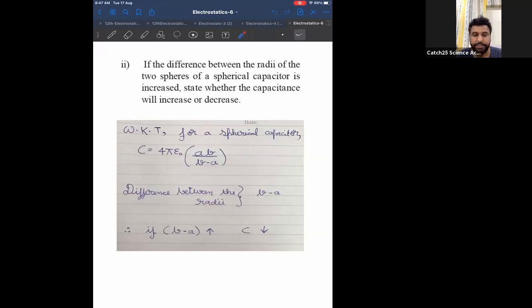If B minus A decreases, capacitance increases. I leave it on for some more time, then we go to the next question.